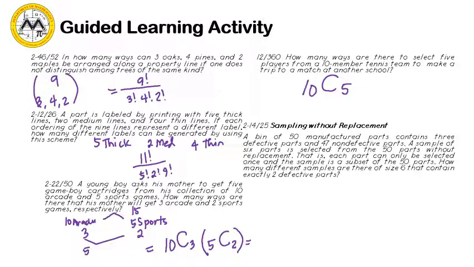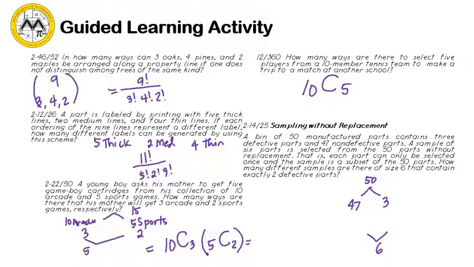Next, a bin of 50, so we have 50. We are going to divide this into 2 groups. One is the 47 non-defective and 3 defective parts. A sample of 6, so we're going to select 6 from these 50 parts without replacement.